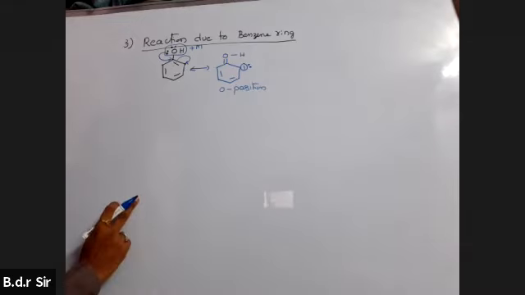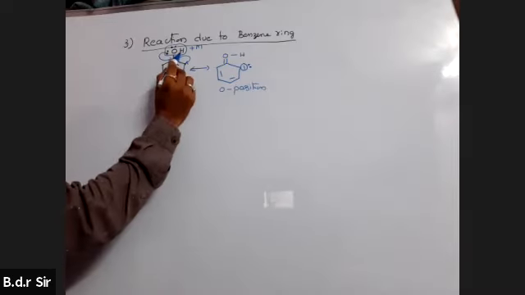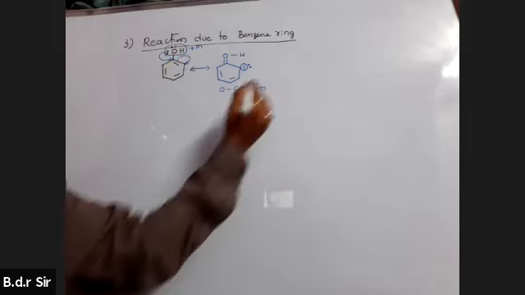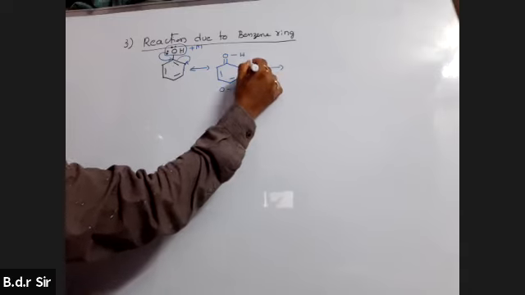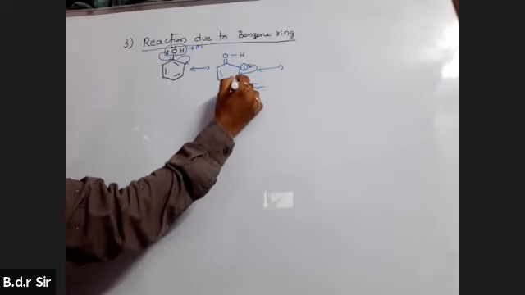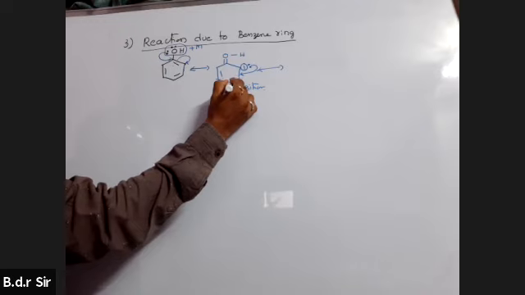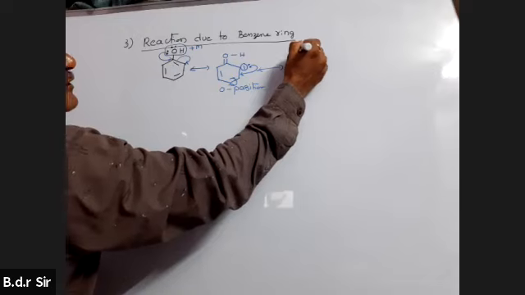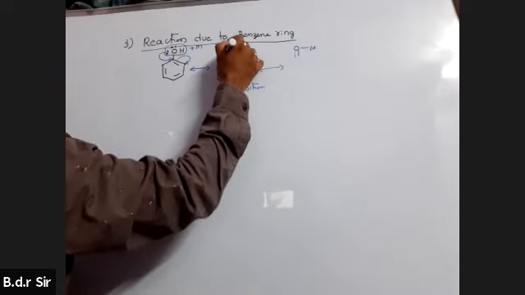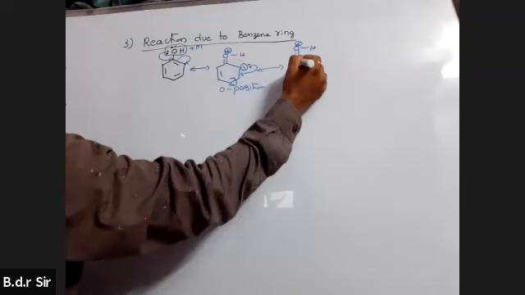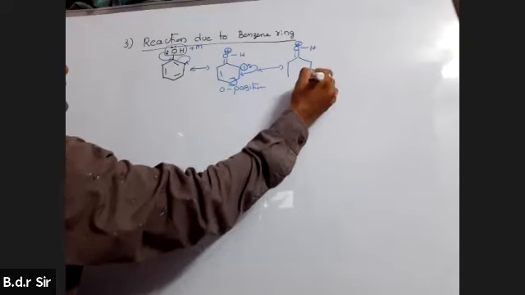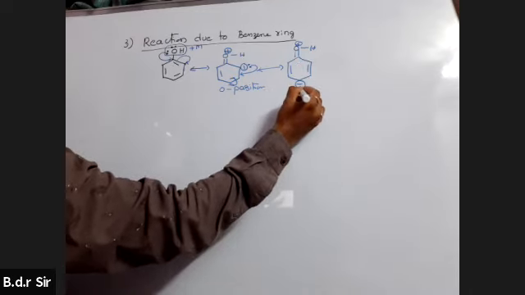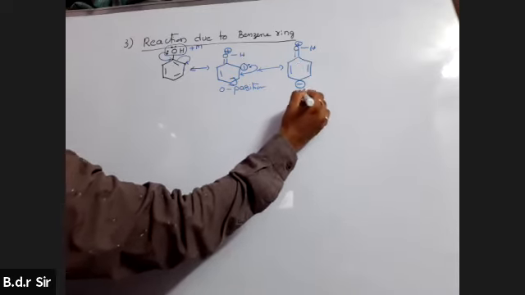How is it possible? Due to the presence of the OH group. Next, continuation: if these pi bond electrons shift here, the pi bond electrons increase at the para position. Here is a positive charge. So electron density increases at the para position.